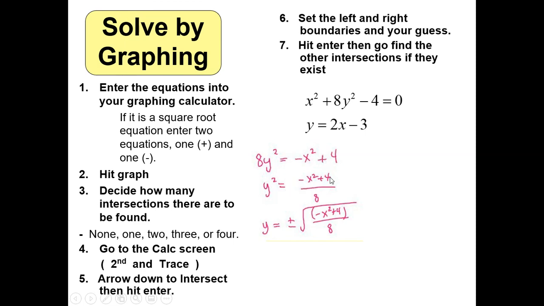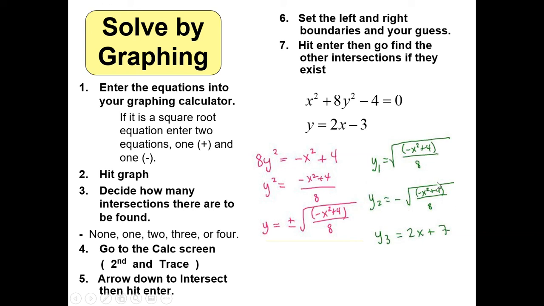Y squared is equal to negative x squared plus 4, divided by 8. Then y is going to equal plus or minus that square root, because we're going to have to take into consideration both the positive and negative. So I'm going to divide that into two equations. So y1 is my positive square root, y2 is my negative square root, and y3 is this equation up here.